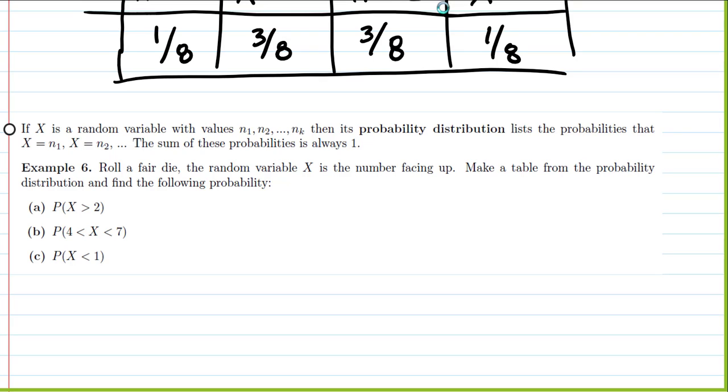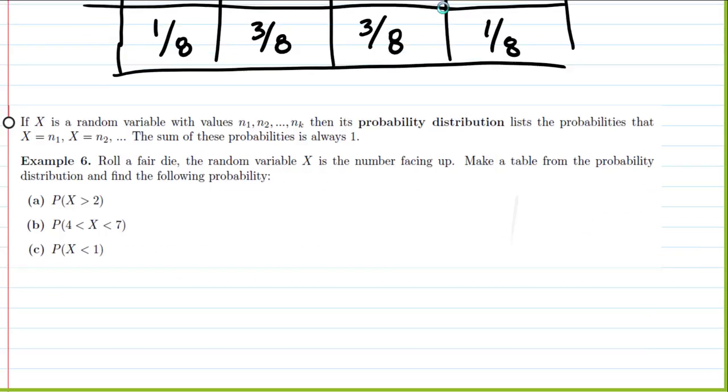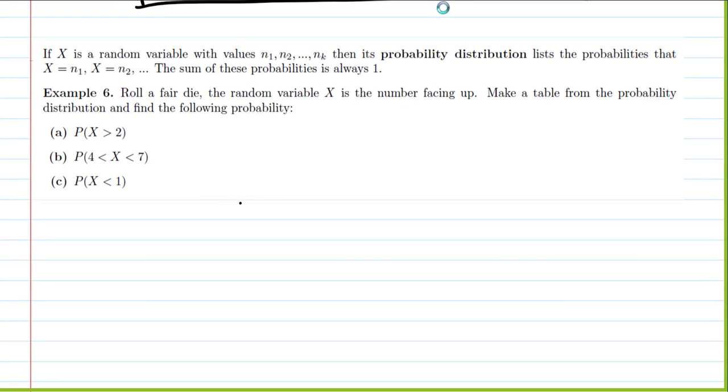All right, example 6. Roll a fair die. The random variable x is the number facing up. Make a probability distribution and find the following probability. Okay, so we want to roll a fair die, and the random variable is the number facing up. So what are the possible outcomes of this experiment? 1, 2, 3, 4, 5, and 6.